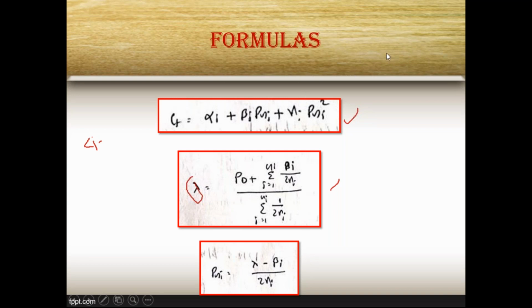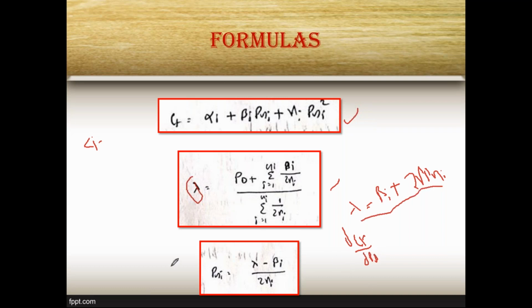See how we can obtain the third equation. We have the formula: lambda equals beta I plus 2 gamma I PGI. This is dCT divided by dPGI, which is called the incremental cost.